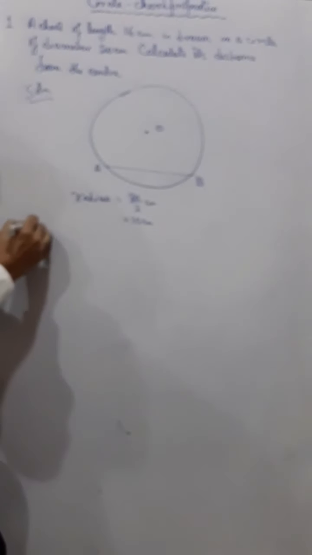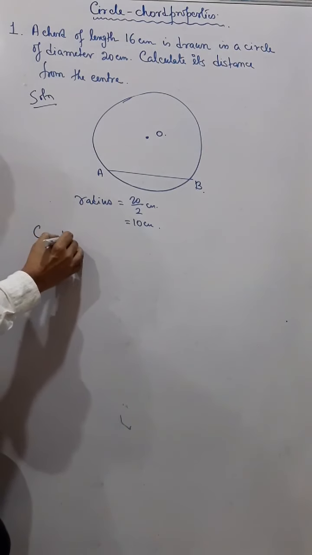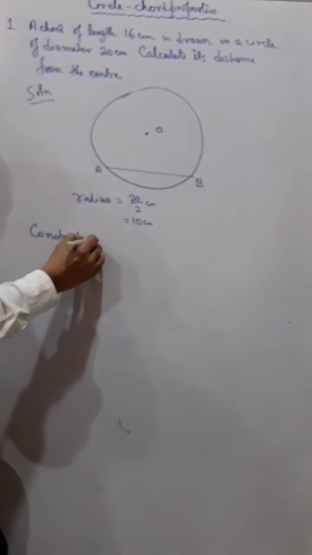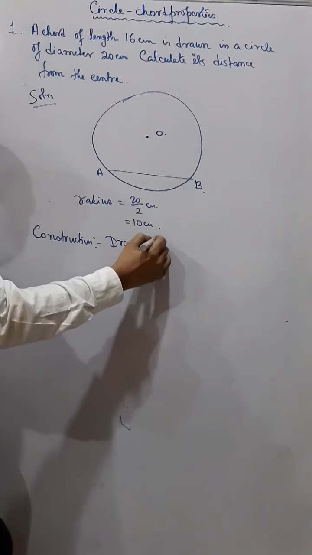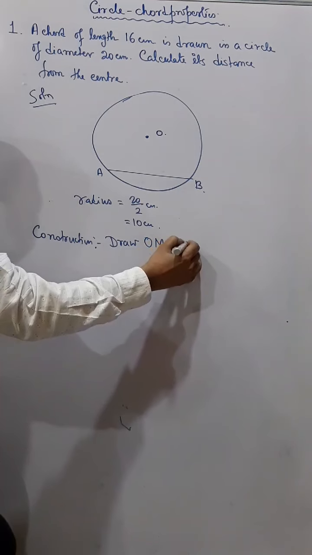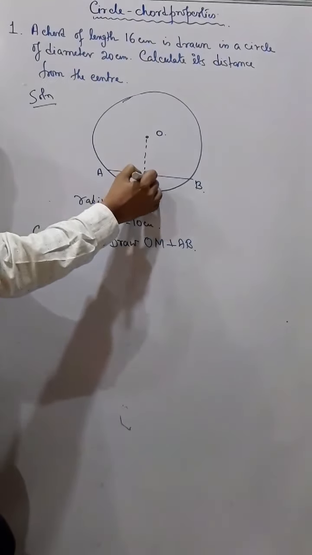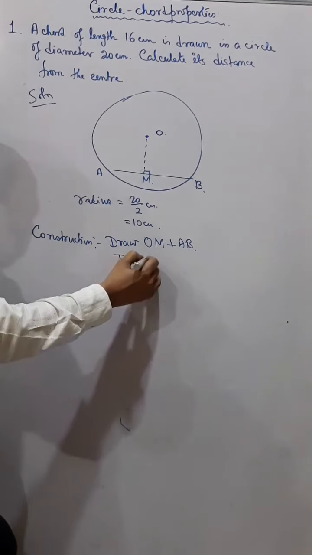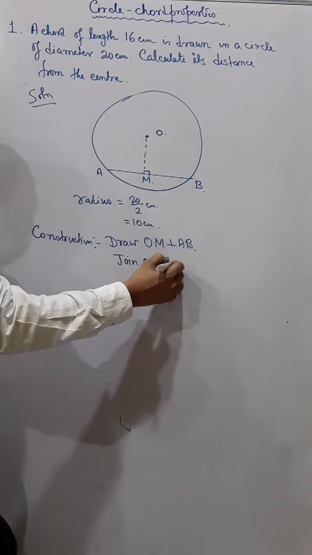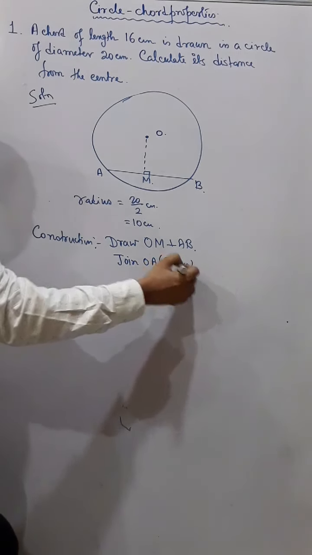Now we'll do a construction here. Say draw OM perpendicular to AB, and then we'll join OA. Join OA, and that is the radius. Okay.